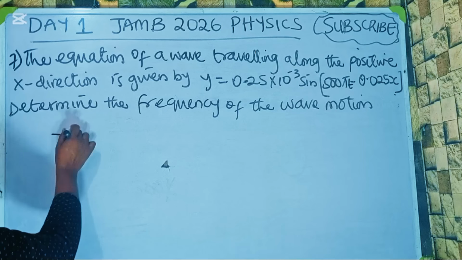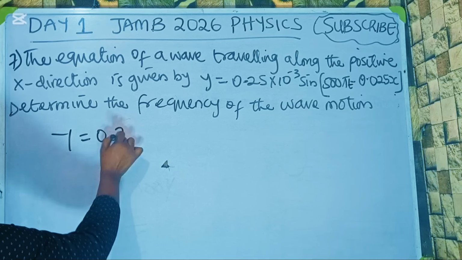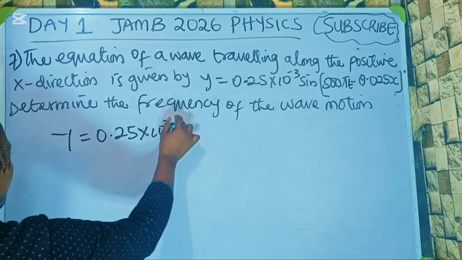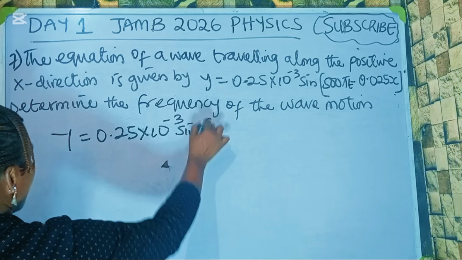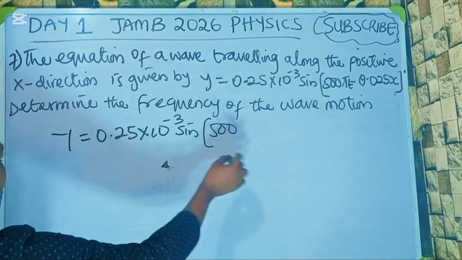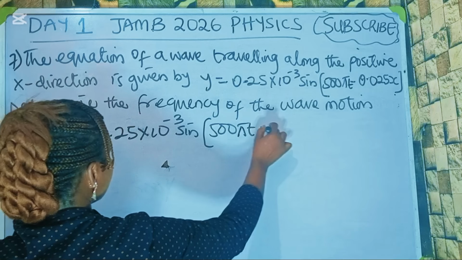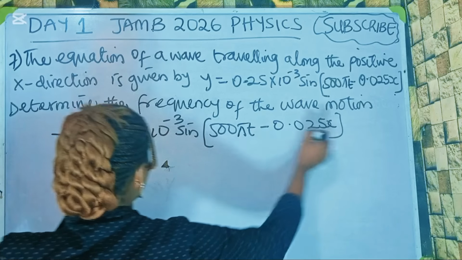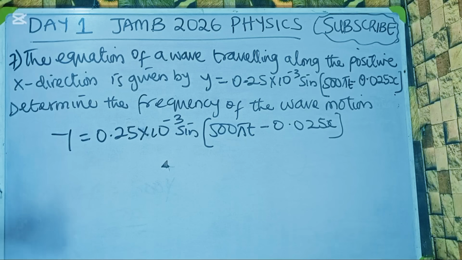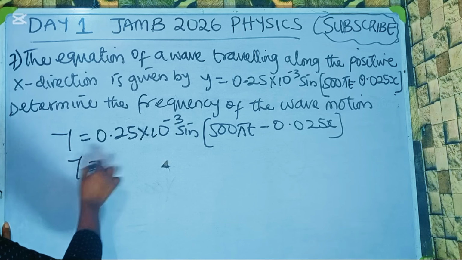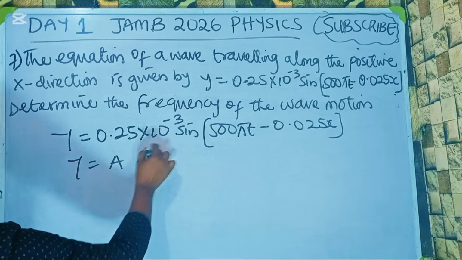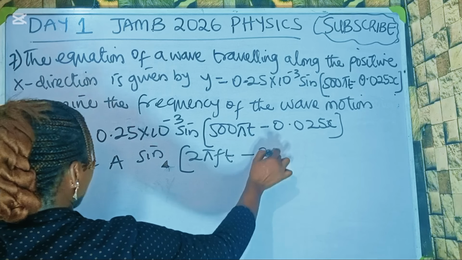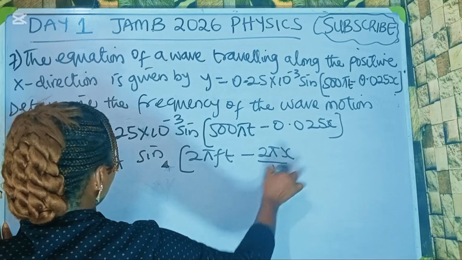So just write the equation. Okay, so I'm going to equate it with a progressive wave equation: y equals a sine bracket 2 pi f t minus 2 pi x over lambda.